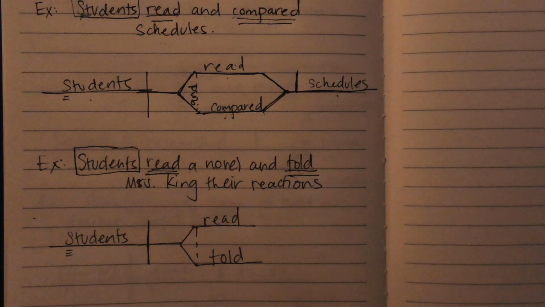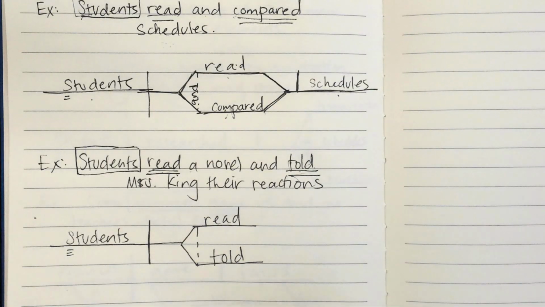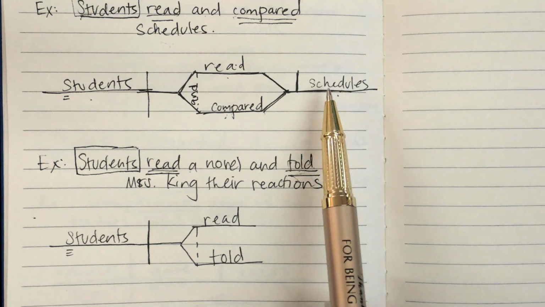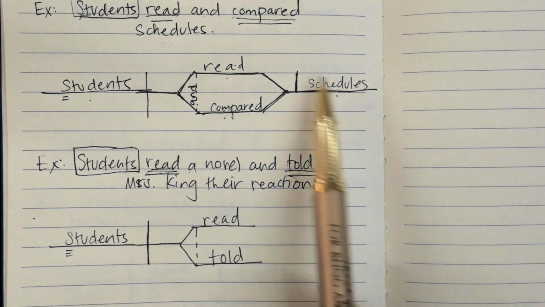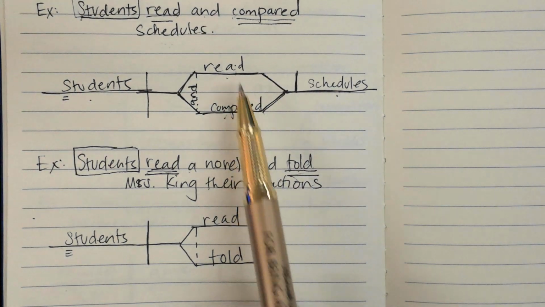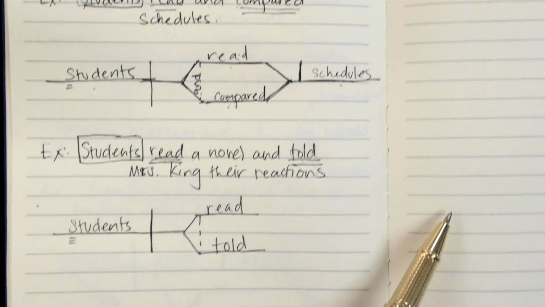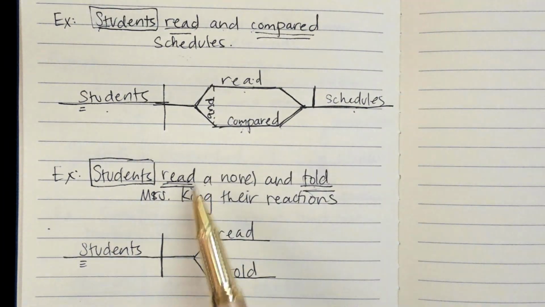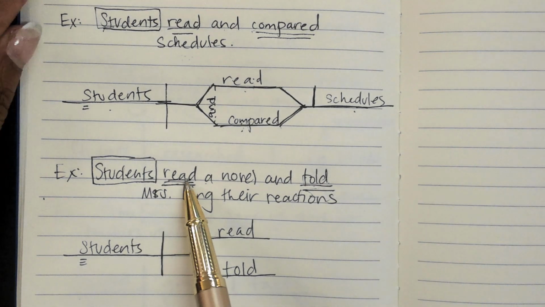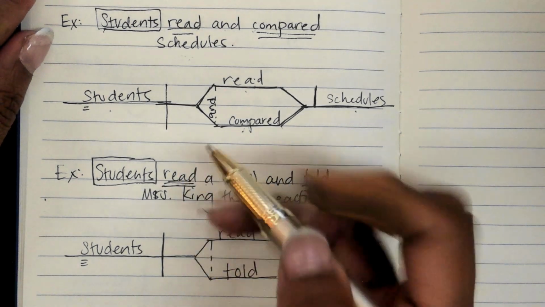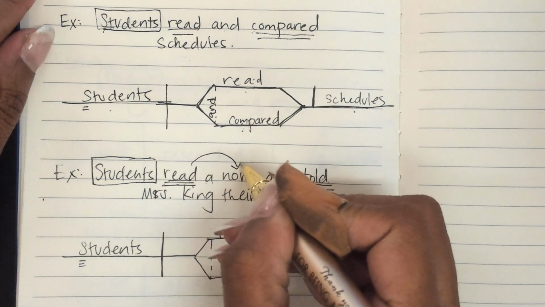The reason why is because, in our first diagram, schedules was receiving both of the actions. The schedule was read and it was compared. But let's look at our second example. What is receiving the action of being read here? It's a novel.